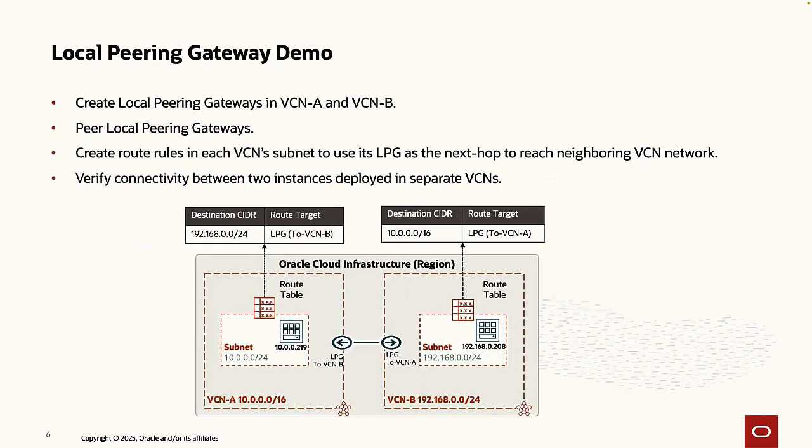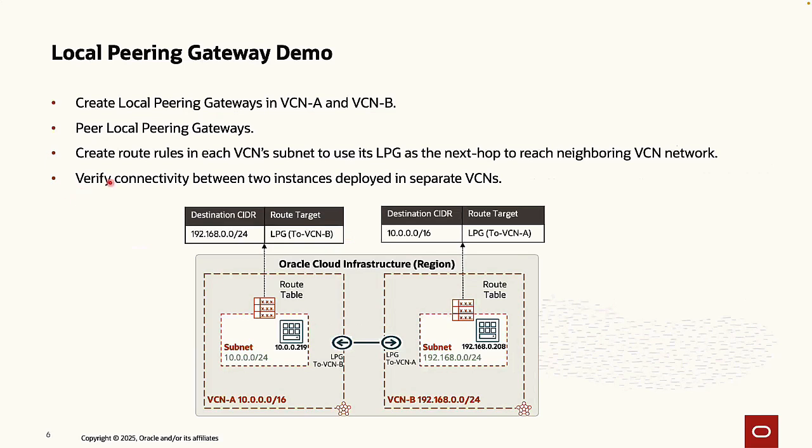Okay, so before we move forward to some of our private connectivity options that allow us to create networks outside of OCI, we're going to head over to the OCI console, and I'll provide a demo on how we can quickly establish connectivity between two VCNs within a region using that local peering gateway construct.